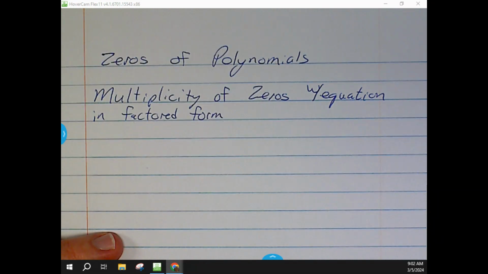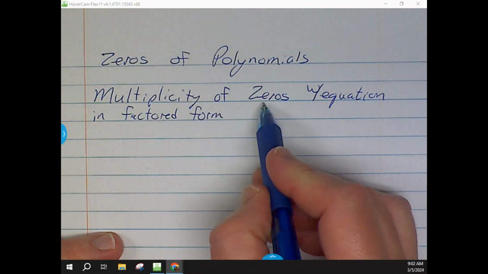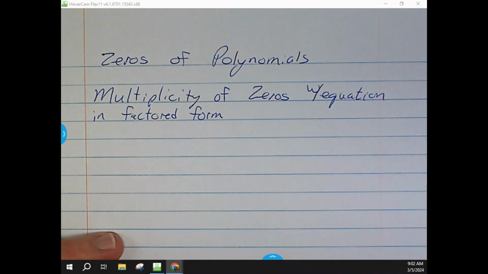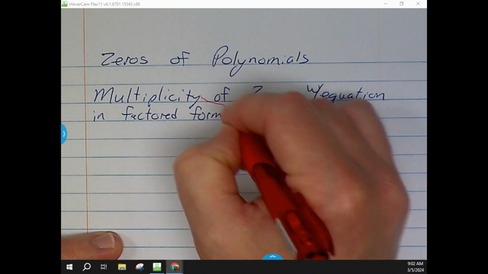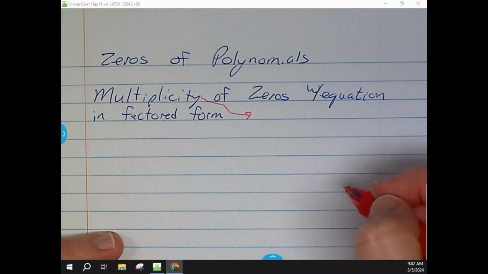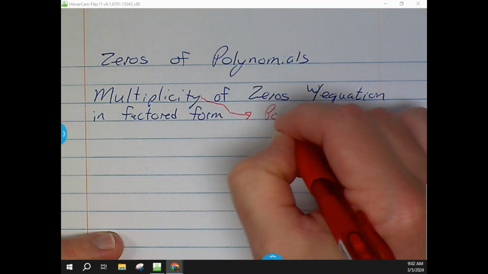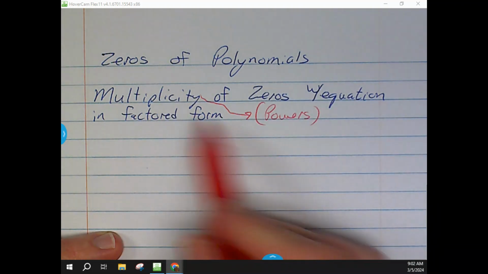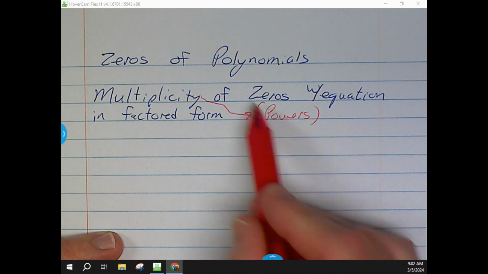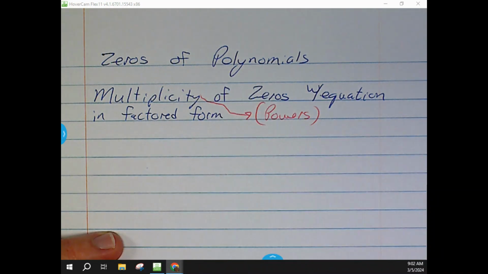And when we're talking about the zeros, again, that's the roots, that's the solutions, that's the x-intercept, whatever you want to call it. The multiplicity is basically this. That's your powers. So when they talk about multiplicity, that's just another way of saying what is the power in the equation in factored form.